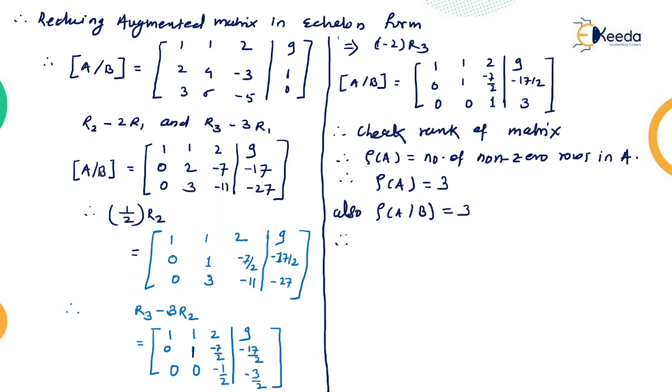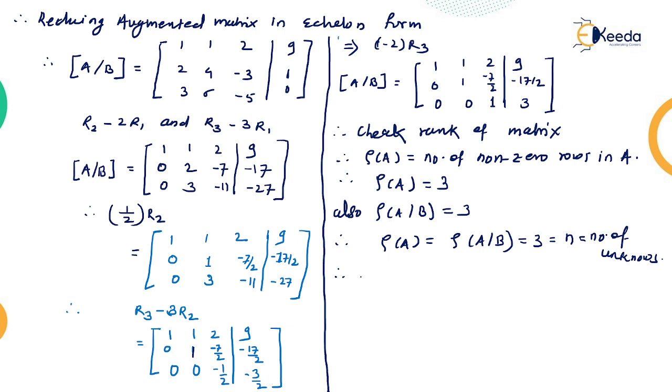This means the rank of matrix A is equal to the rank of the augmented matrix A slash B, which is equal to 3, and 3 is equal to the number of unknowns. So the rank is the same, rank is 3, and this is equal to the number of unknowns.